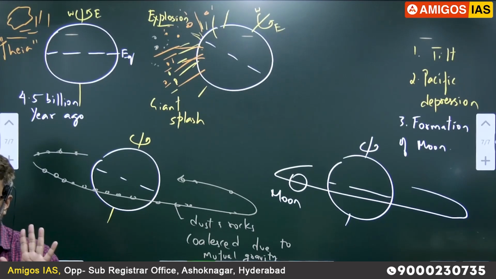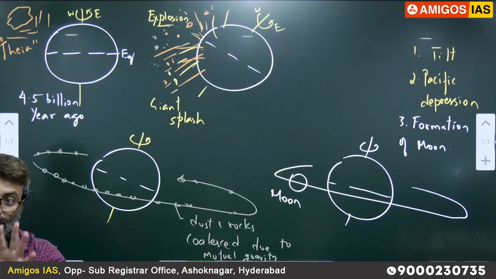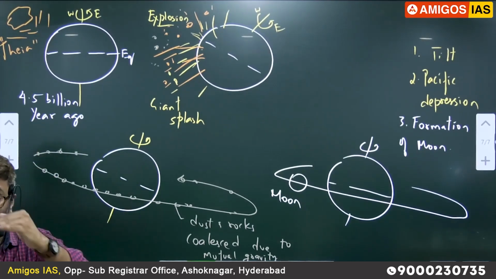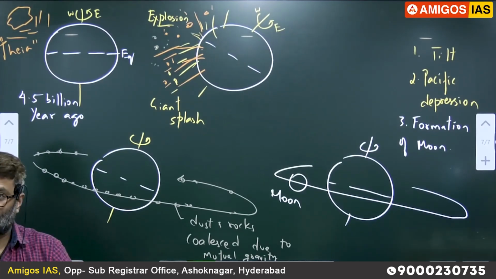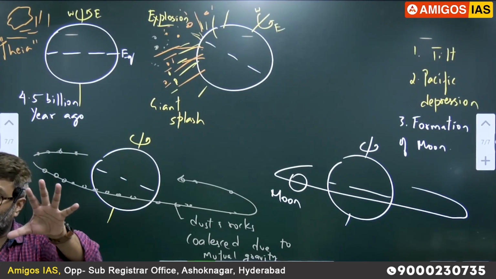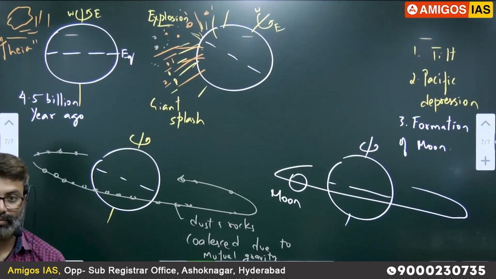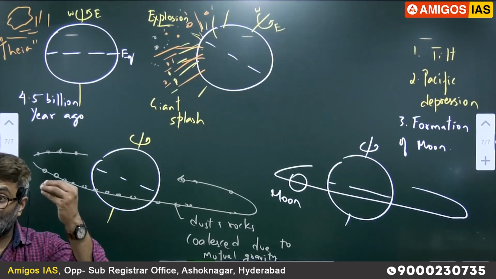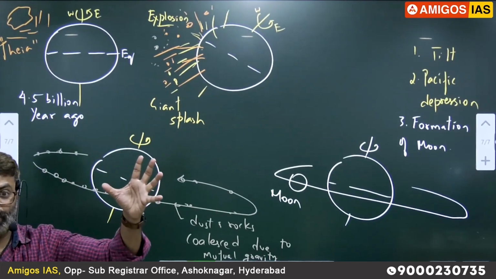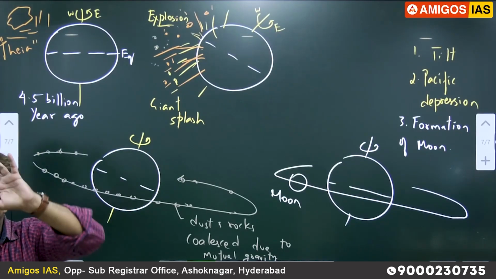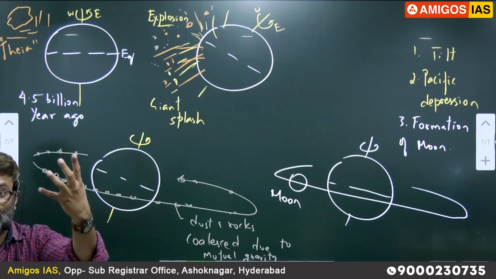So question is what? Formation of moon. So what is the keyword? Moon. Moon is the keyword. So in the introduction you write about moon. I'll write, moon is our natural satellite. First sentence. Second sentence. It is the 5th largest satellite in the solar system. See? It is the brightest object we see after sun. Correct? It is the brightest and biggest object we see after sun. Correct? Naturally we see without any telescope.